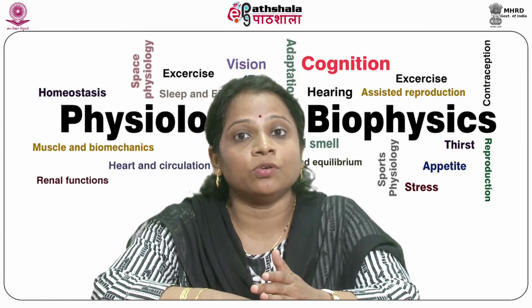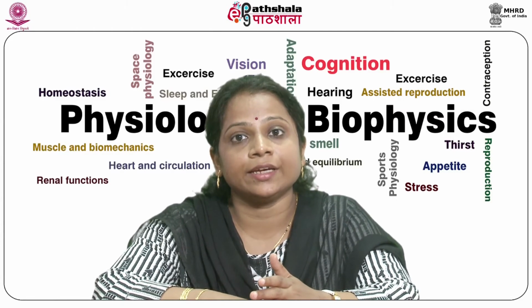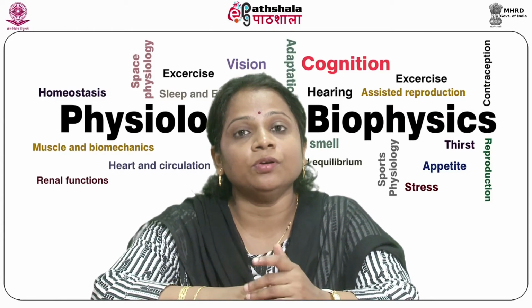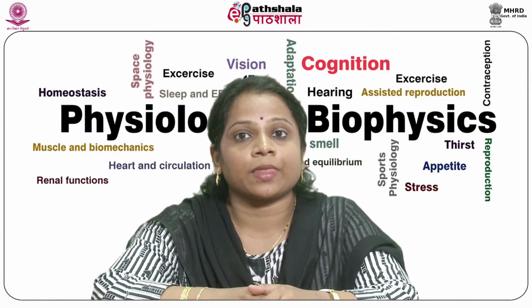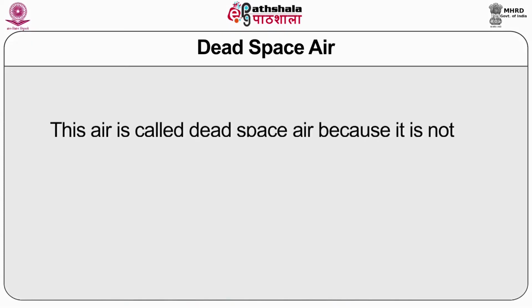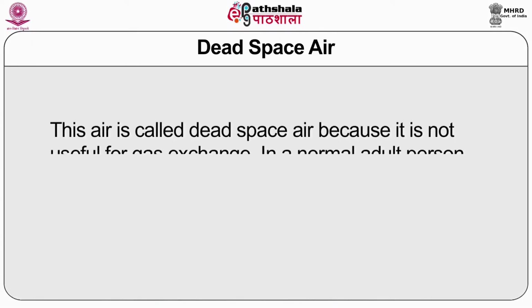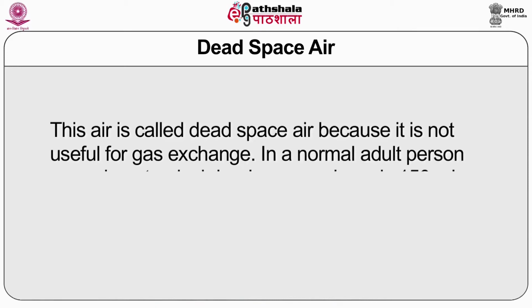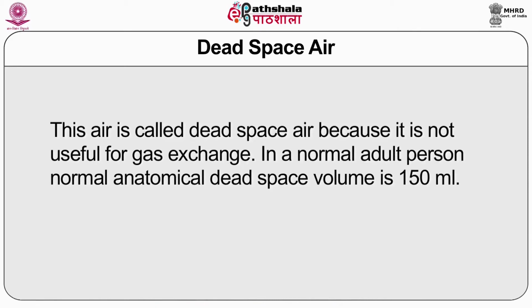It consists of nose, pharynx, trachea and airways up to terminal bronchioles. This air is called dead space air because it is not useful for gas exchange. In a normal adult person, normal anatomical dead space volume is 150 ml.